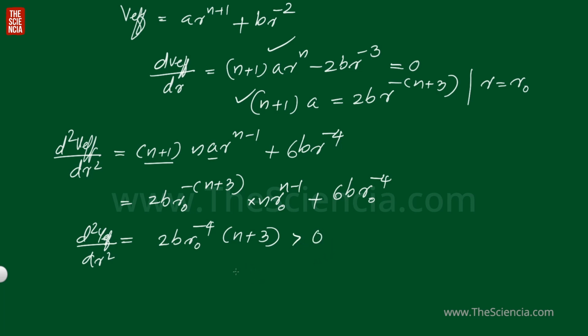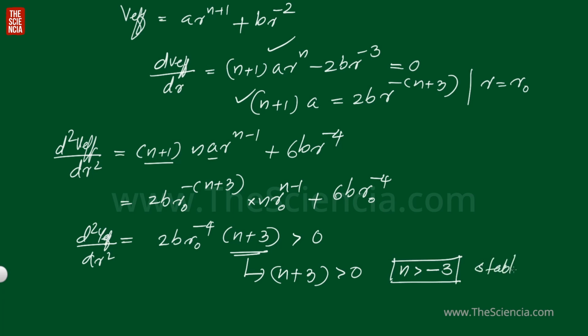So this term, n plus 3, should be greater than 0. Therefore we can say n should be greater than minus 3. Then only we get ∂²V effective/∂r² greater than 0. So the condition for stable orbit is n greater than minus 3.